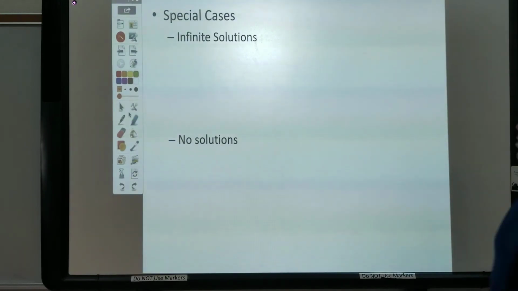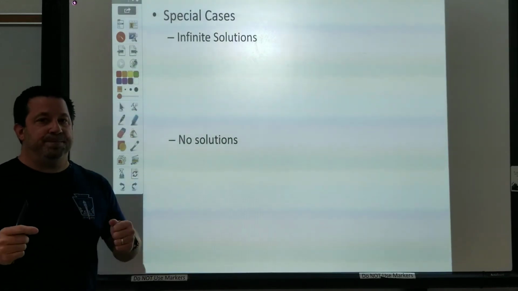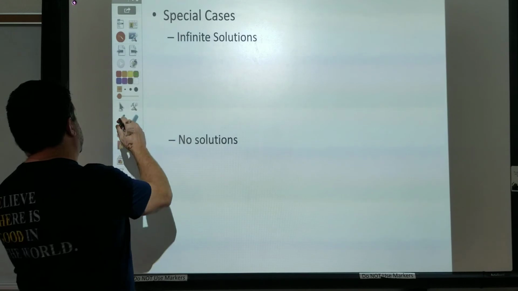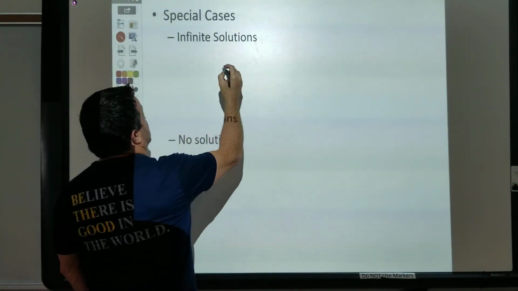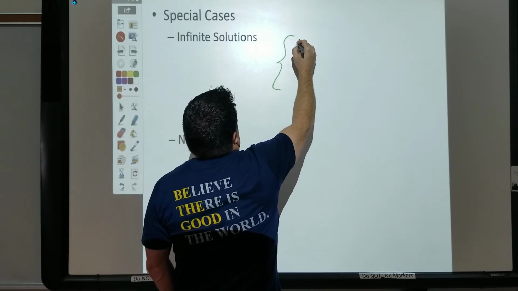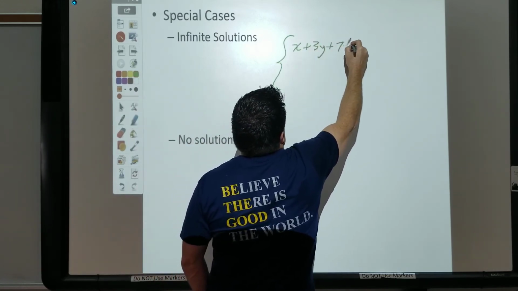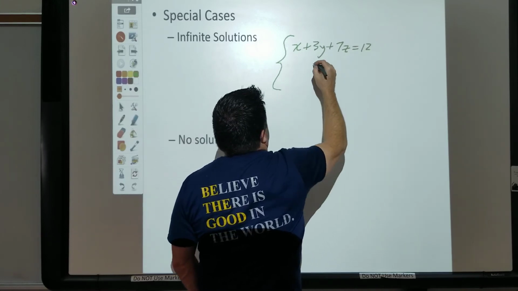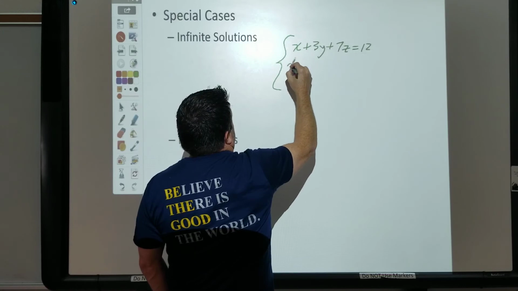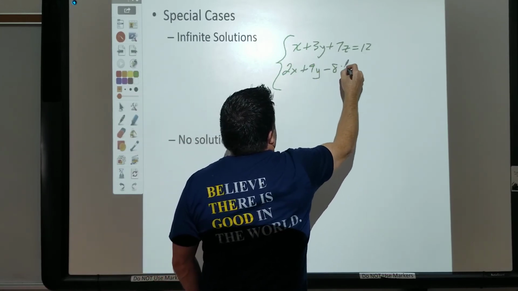sometimes, either when you're in the middle of solving a problem or when you're given a problem, like if in the book they give you a system and the system has like x plus 3y plus 7z equals 12, and then you've got like 2x plus 9y minus 8z equals 20.